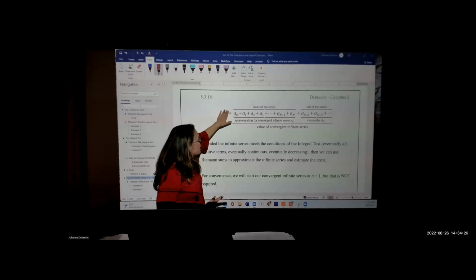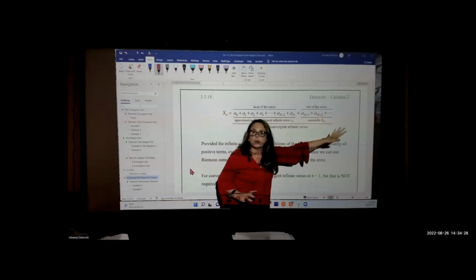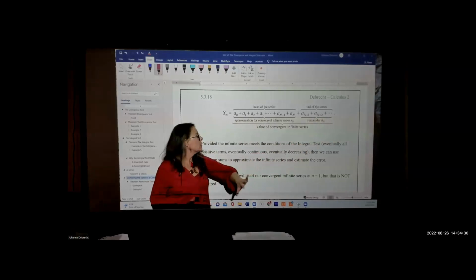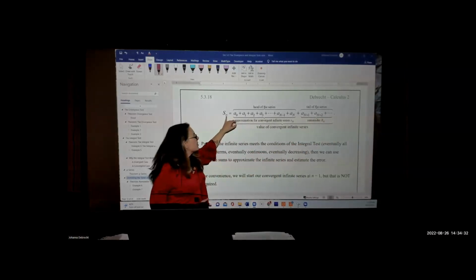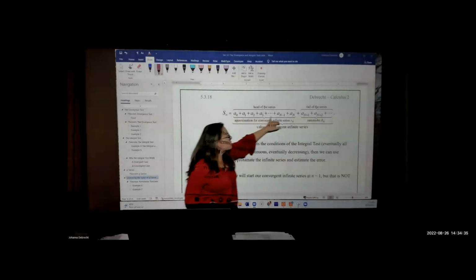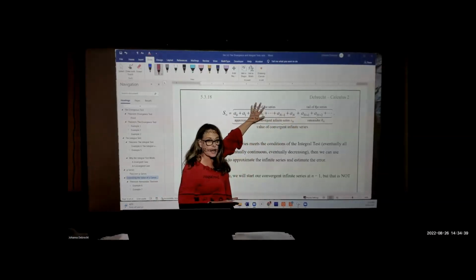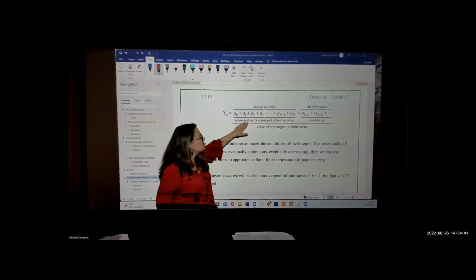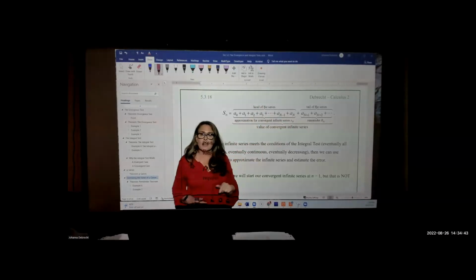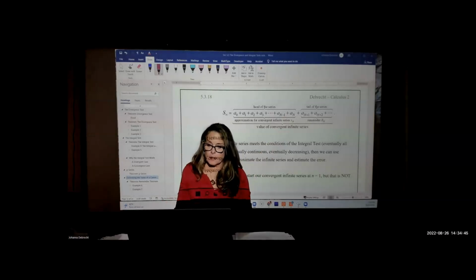So the sum of all the terms of the sequence forever and ever adds up to this finite number. But if we take the first uppercase N of them, which is the head of the series coming from the front, we can use that to approximate our infinite series. Let me share my screen with you so that you can see a little bit closer exactly what I'm looking at.